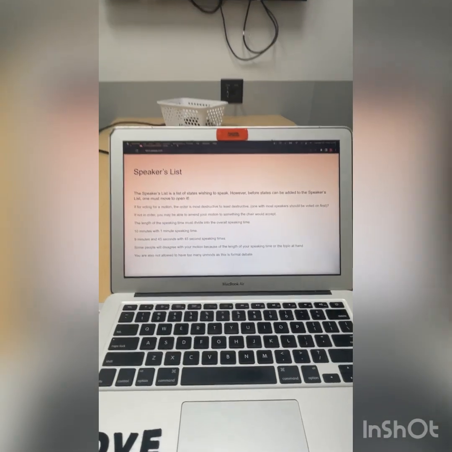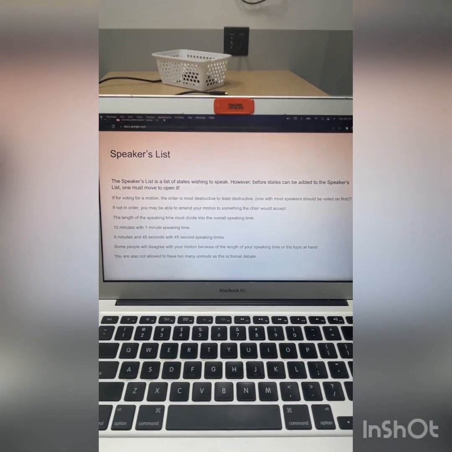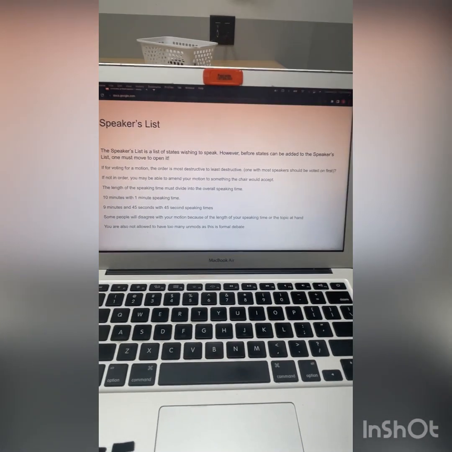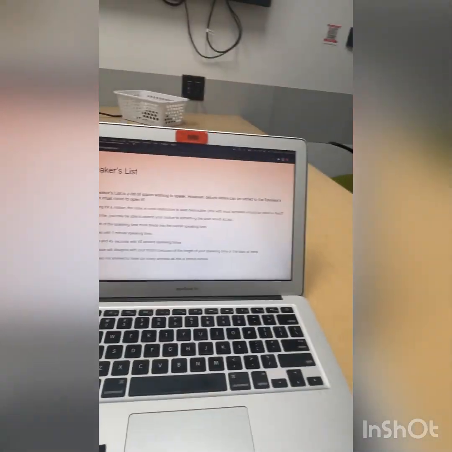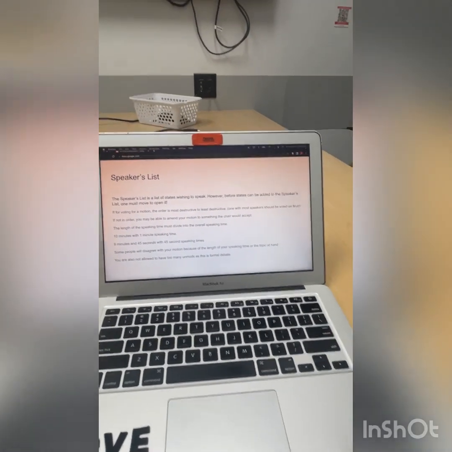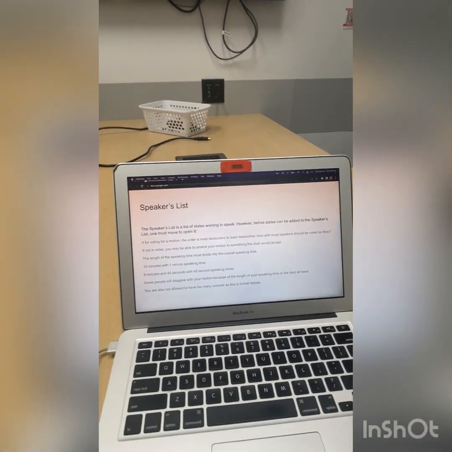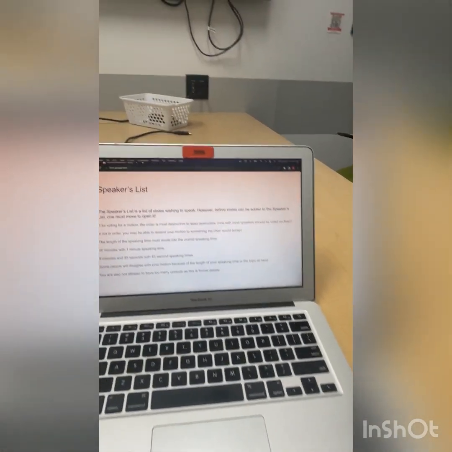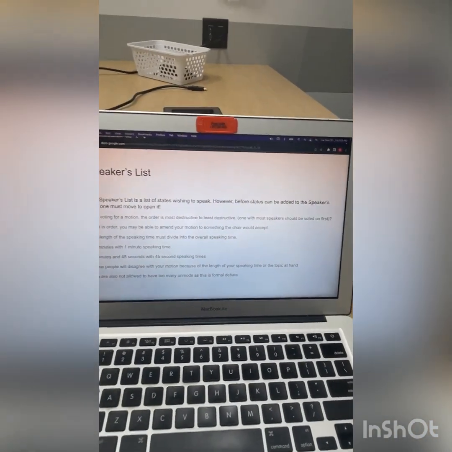For example, if you have 10 minutes and 45 seconds speaking time, that is not divisible evenly, so that would be not in order. But if you amended it to 10 minutes with 1 minute speaking time, that would divide evenly, and people can each take 1 minute out of 10 minutes in total, and that would add up properly.